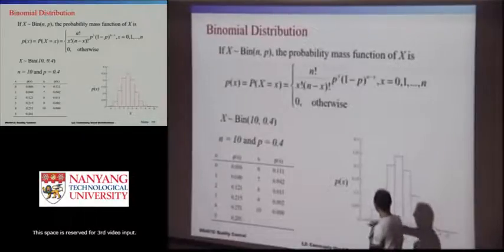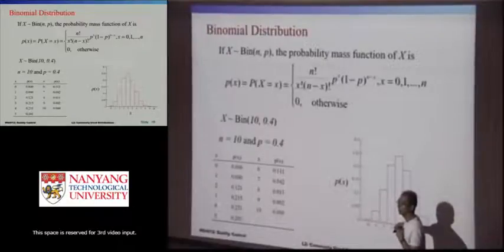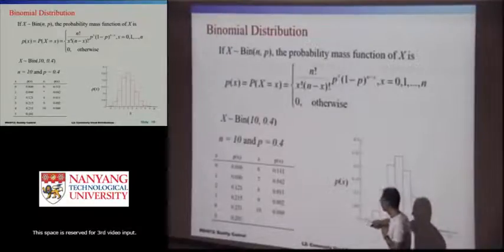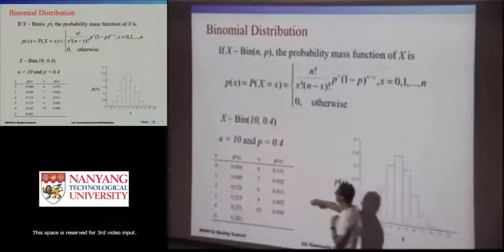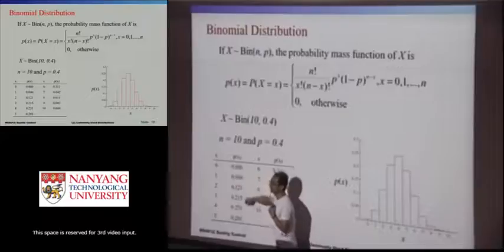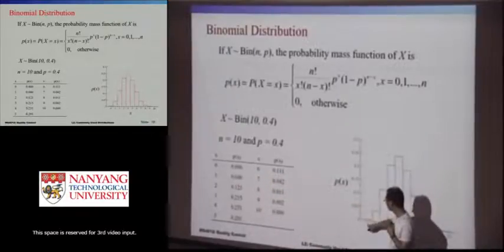Then I can draw this. So this is the binomial distribution, and the width of each bar is 1. The height is its PDF value, and we can see the bar for each value is in the middle, not on the left side or the right side.